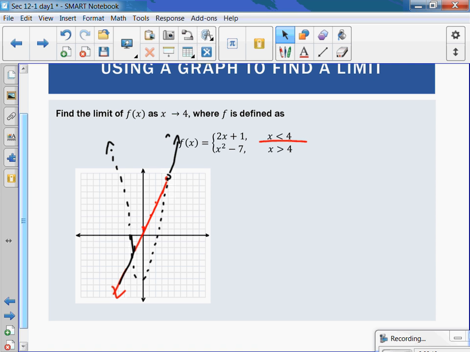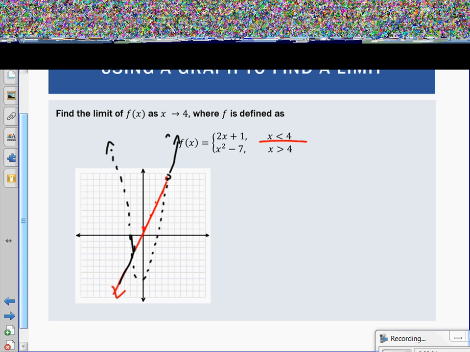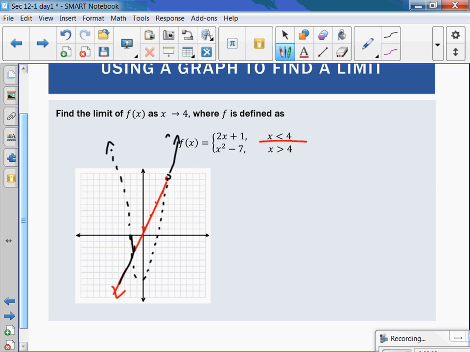So the limit of f of x as x approaches 4.